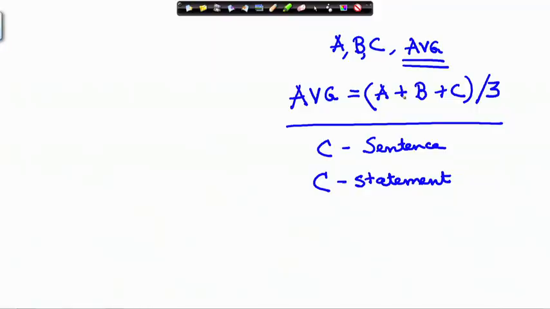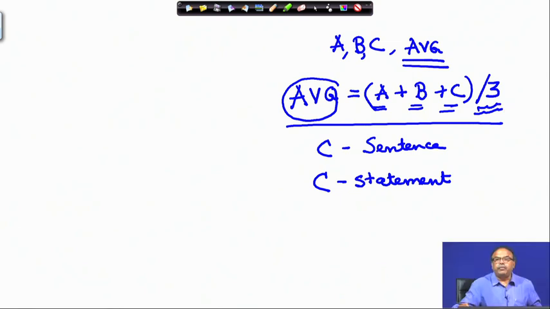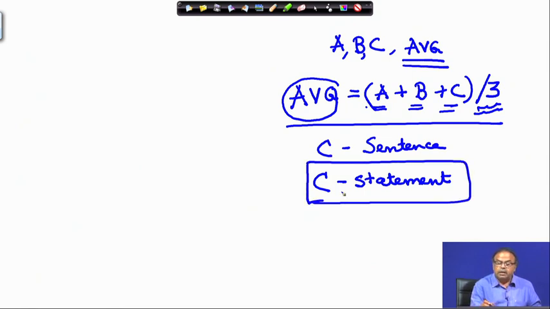We will come to the other things, but you can see that it consists of 1, 2, 3, 4 variables and 1 constant, that is 3, all right. And there are some special parentheses, and all these are also valid symbols in C, okay. And these are operators. So, we will see how a C statement is constituted, but whenever we write a C statement, it will consist of a number of variables.